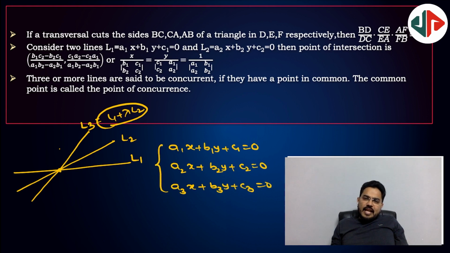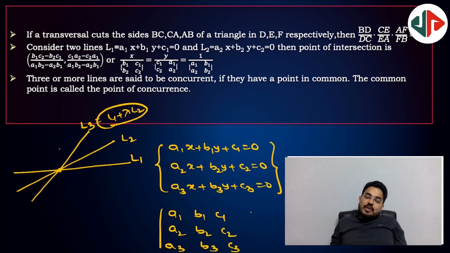If these three lines are said to be concurrent, then the condition is det of A1 B1 C1, A2 B2 C2, A3 B3 C3 is equal to 0.